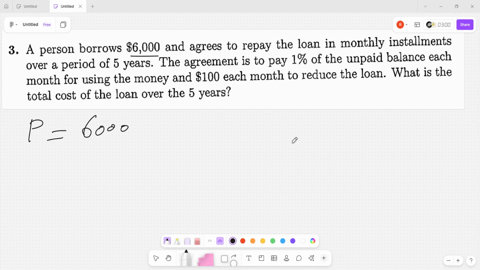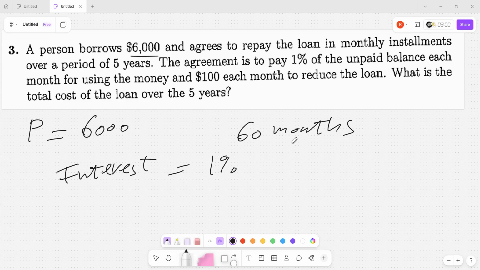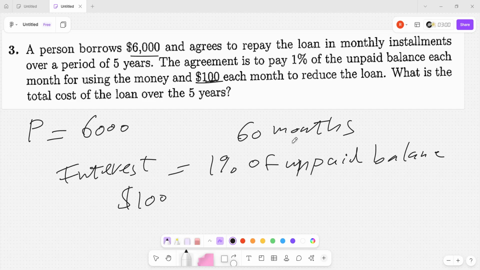And our repayment period is 5 years, which is 60 months. And our interest equal 1% of the unpaid balance. I will show you what it means. And the repayment every month is $100. He will pay each month $100.